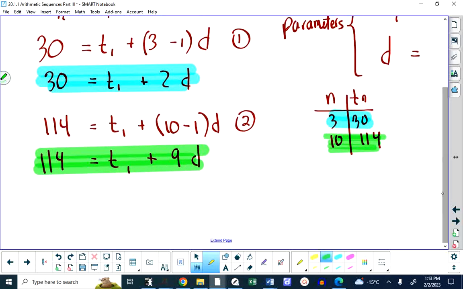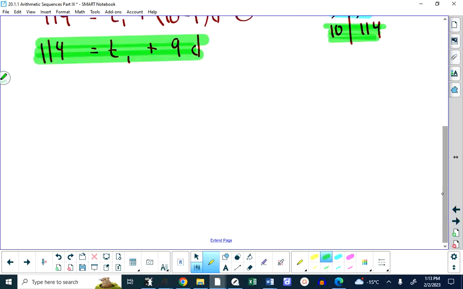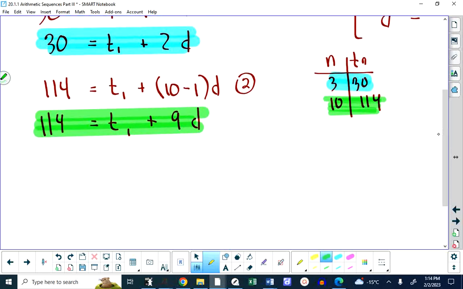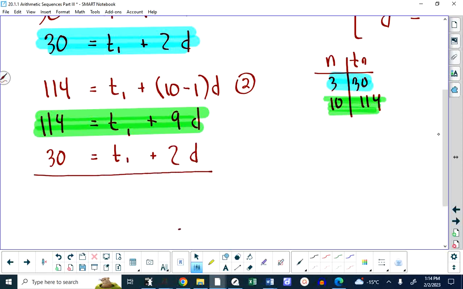I realize grade 10 math was a while ago for some of you, but if I were to take the green equation and write it above the blue equation, then I could subtract the two equations, and the significant accomplishment would be that T1 would disappear. Right, I'd have 114 minus 30. That'll give me a number, 84, I think. T1 minus T1, nothing. And then 9D minus 2D is 7D.